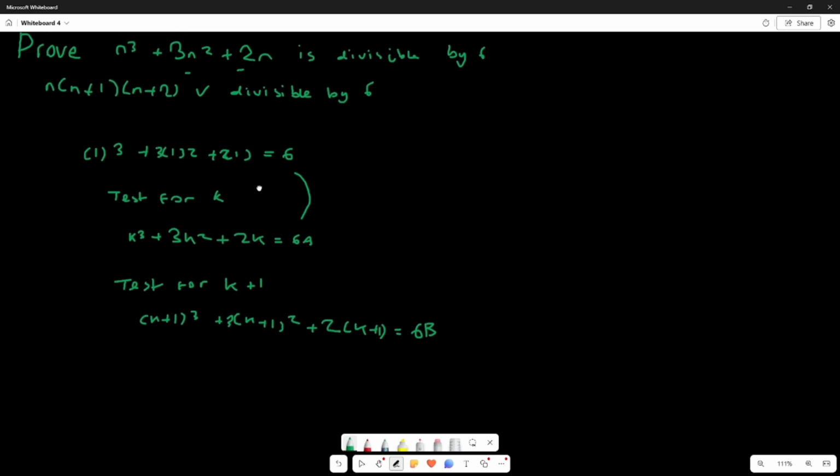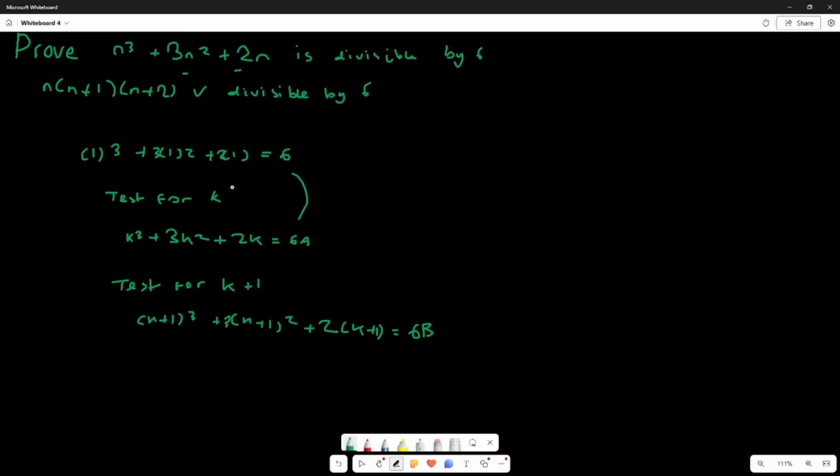So we can just use another variable and substitute it in and see if we can prove the answer. So we can just expand this out.